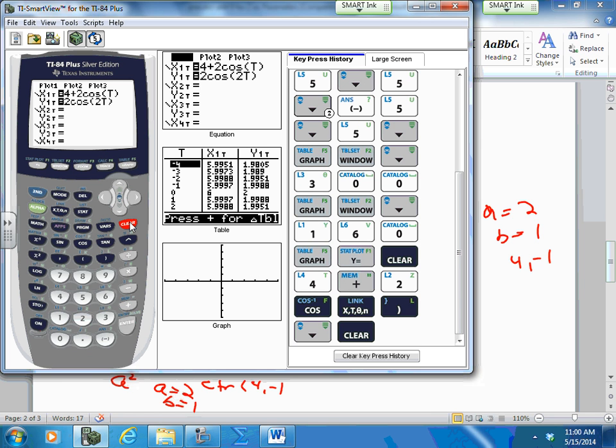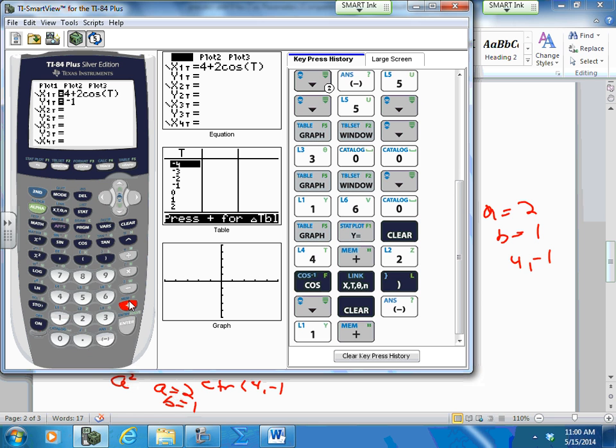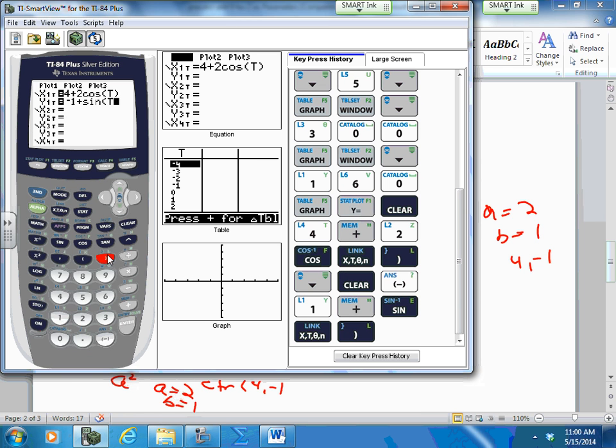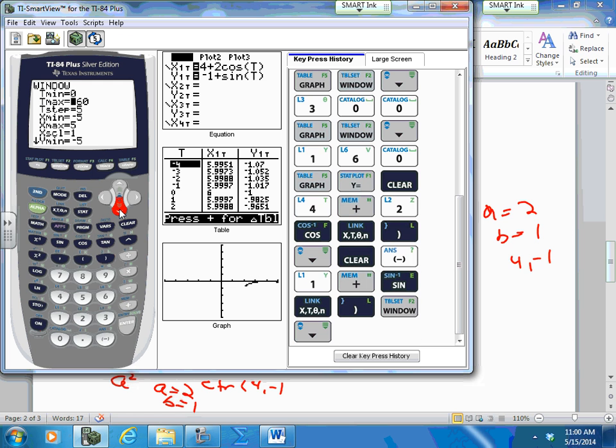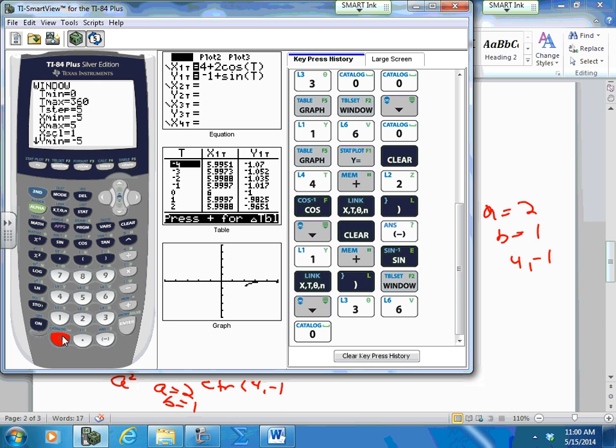And then your second one says negative 1 plus sine. There's your parameter. And remember, I changed my window, so I'm just going to go back and change this to 360. If you want to change your t-step a little higher, it'll go a little faster when you graph. I kind of like it slow, only because this way you can kind of watch it graph.